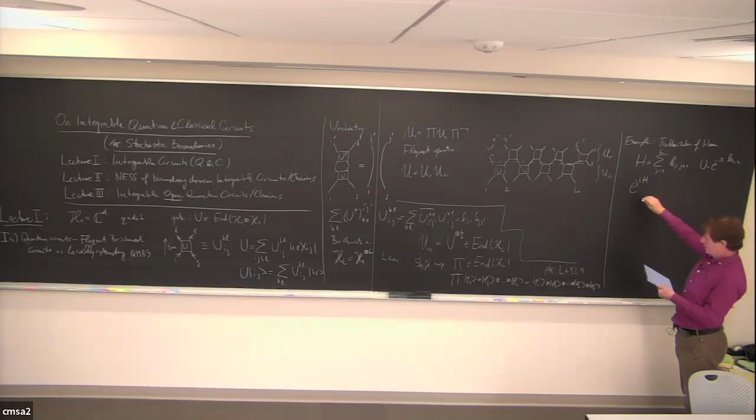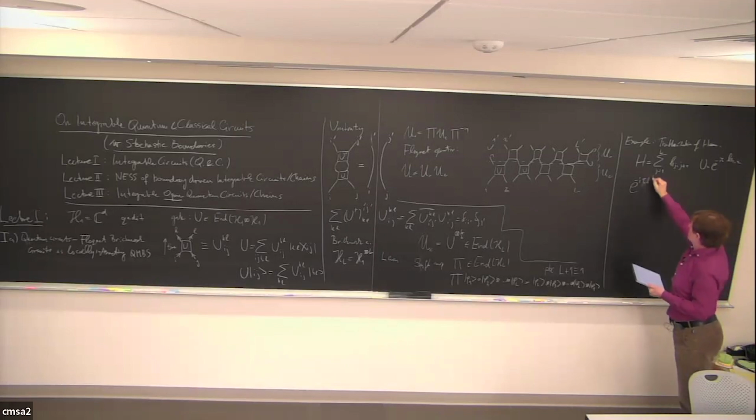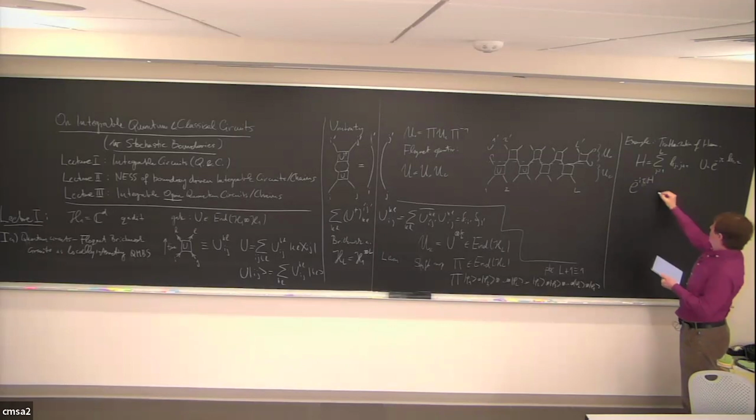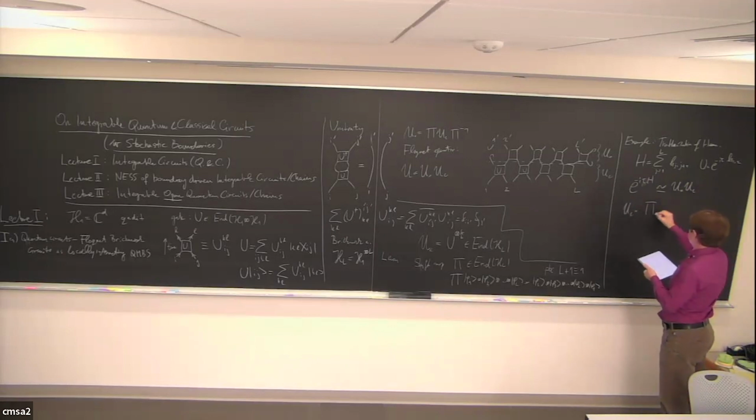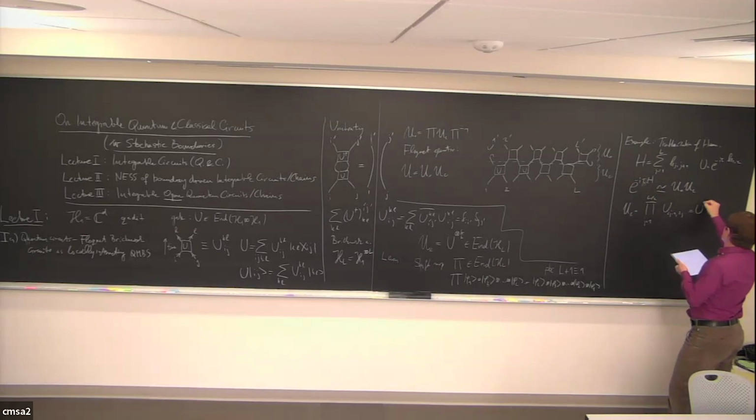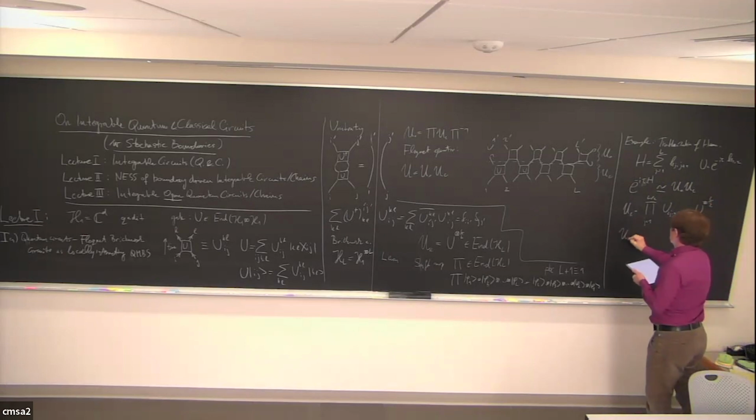Of course this is an exact Hamiltonian, but you can say approximately for small tau, this is equal to U odd times U even, where U even is just a product of local gates on even bonds, and U odd is the same on odd bonds.